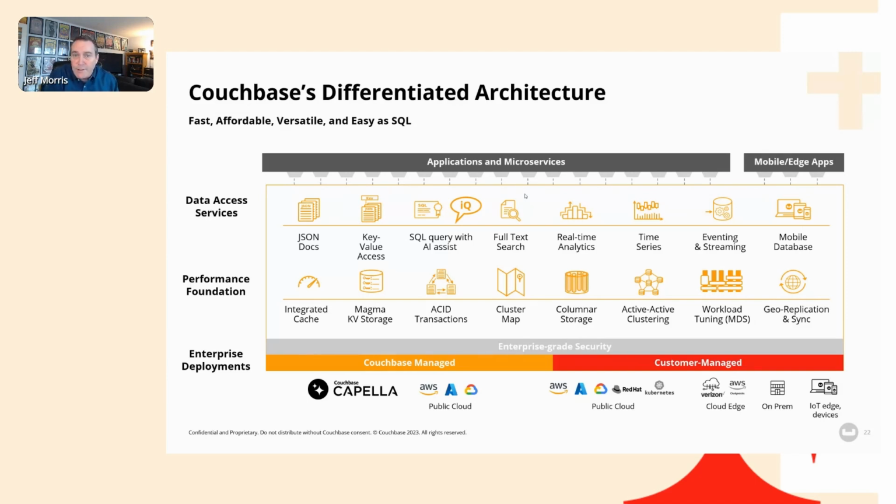But we also have an engine for full-text search because, of course, users can't type and they really like that Google search box experience. We have a brand new columnar storage service called Couchbase Columnar, supporting real-time analytics. I'll talk about that in a moment. We support time series data in JSON. In fact, we can support graph data inside of JSON. We support eventing and streaming as a particular service.